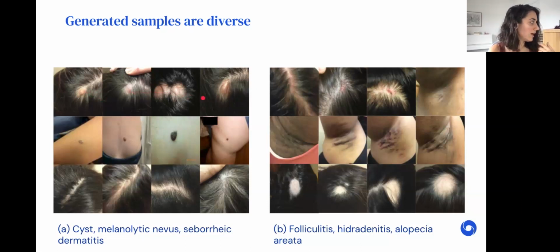So you can see when the condition is displayed on different body parts, then we have samples that look like different body parts, but there are some that are mostly, for example, on the scalp. So there we will have less variation with respect to the body part, of course, but we will have, again, diverse images with respect to severity of the condition or skin tones, etc.